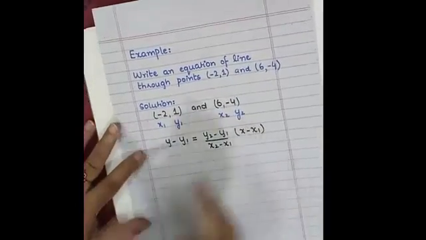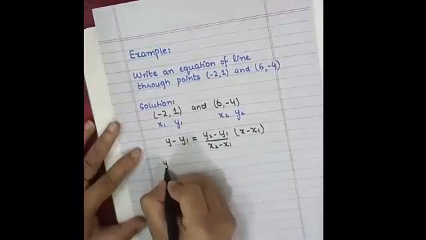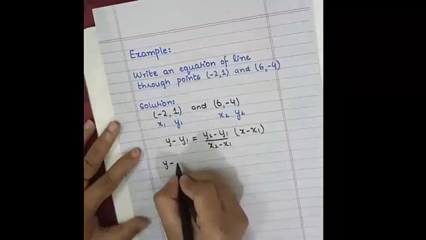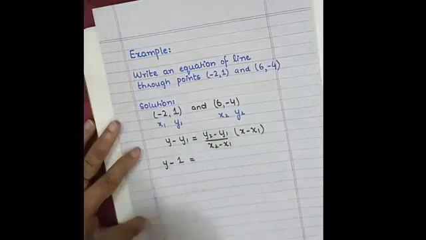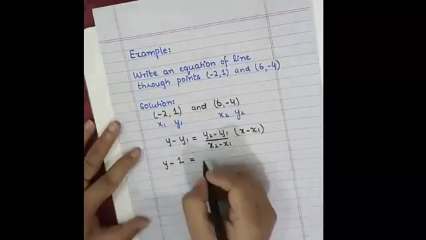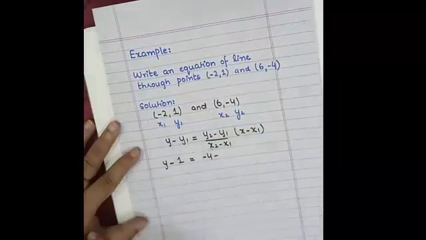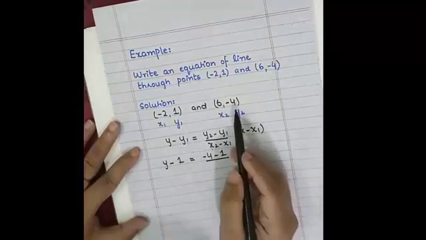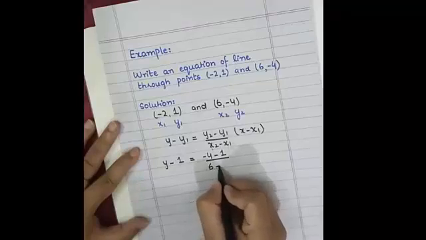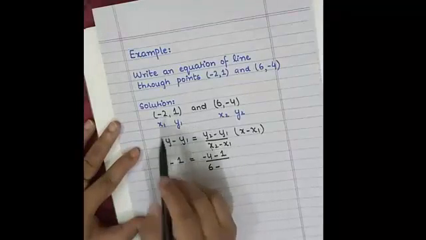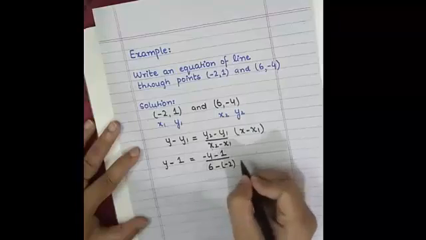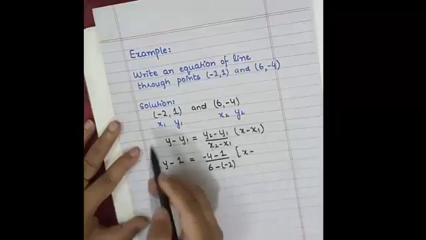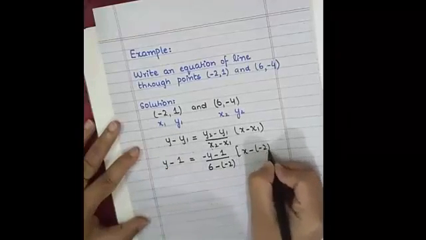So putting the values in this formula: y minus the value of y1, which is 1, equals y2, which is minus 4, minus y1, which is 1, divided by x2, which is 6, minus x1, which is minus 2, into x minus the value of x1, which is minus 2.